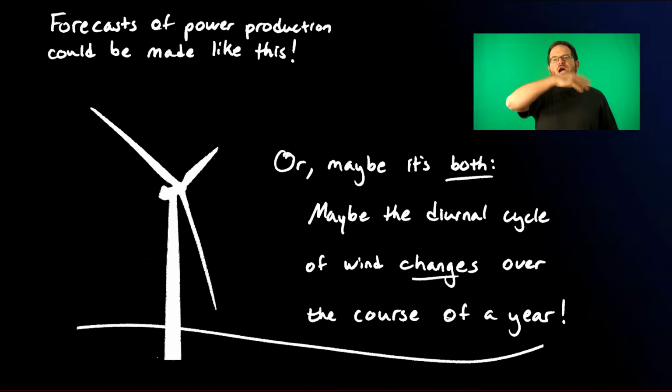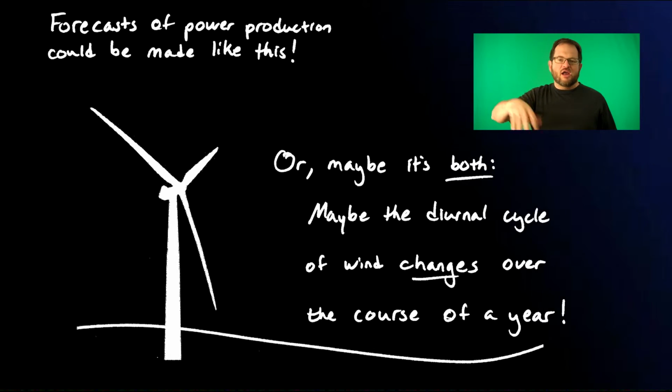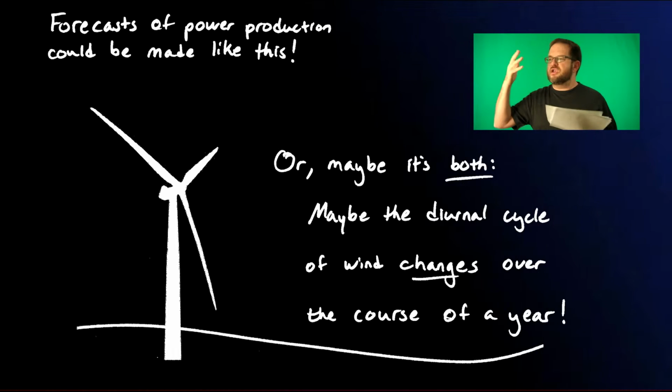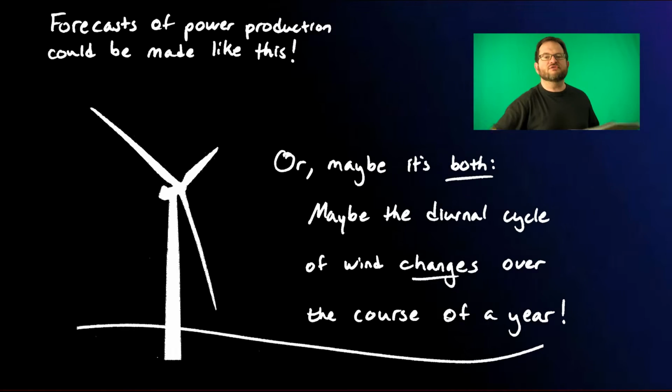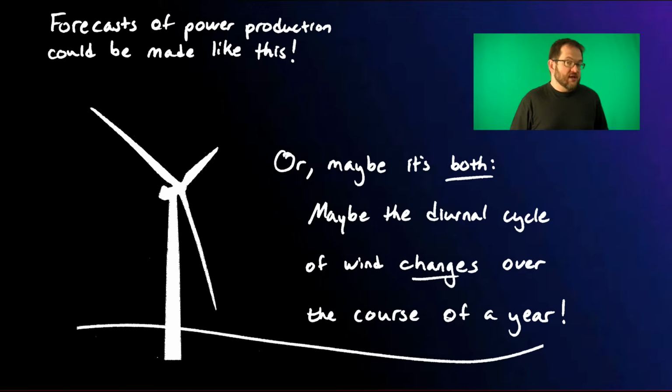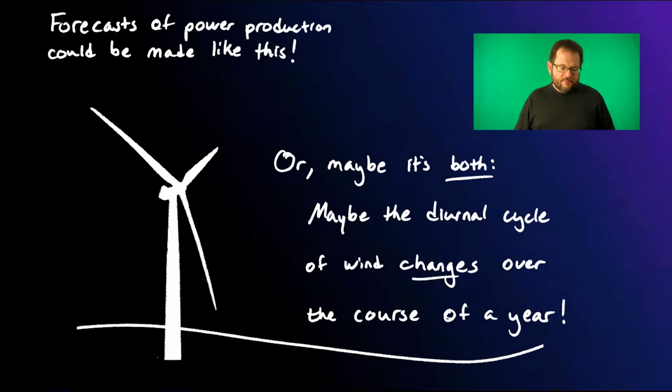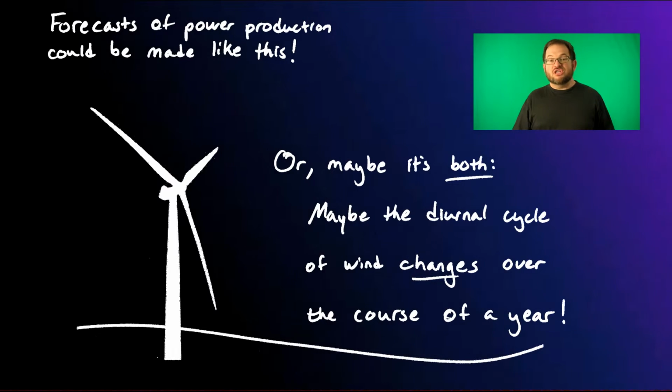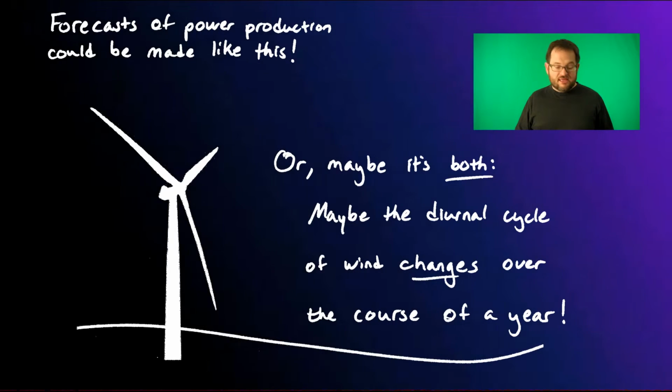I want to make a forecast of the amount of wind power at 4 o'clock in the afternoon in the month of July, or at midnight in the month of February or something. I could envision that, okay? Forecasts of power production at a wind turbine certainly could be made that way.